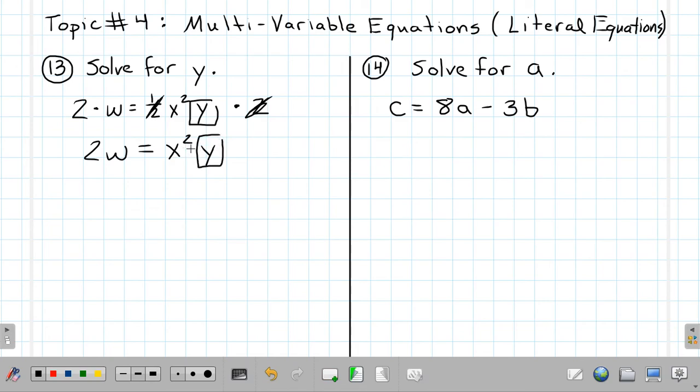What are we doing to the y? Now we're multiplying it times x squared. But we don't really care what x squared is. We don't care what x is. All we care about is that since x is a number, x squared would be a number. So we just divide by x squared. So our answer here is 2w divided by x squared is equal to y.